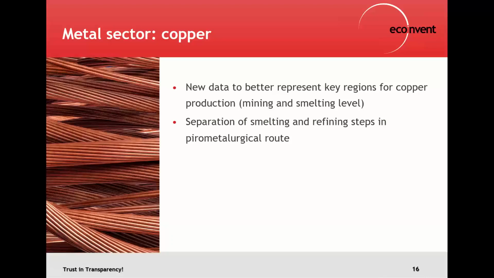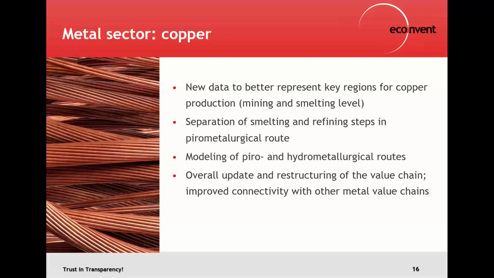Another aspect of the update has been the separation of the smelting and the refining processes. And this allows now to model the two copper production routes, the pyro and the hydrometallurgical routes. And in general, similarly as I was mentioning before, there has been an overall restructuring of the supply chain involving renaming of flows and activities in the whole supply chain, also to harmonize them better with the industry naming conventions.